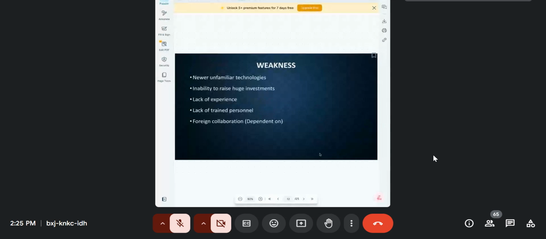Okay, weakness. One of the weaknesses is when there is new technology that you're unfamiliar with. It might require you to actually do some training before you can tackle certain projects. So you have to be familiar with the technologies.